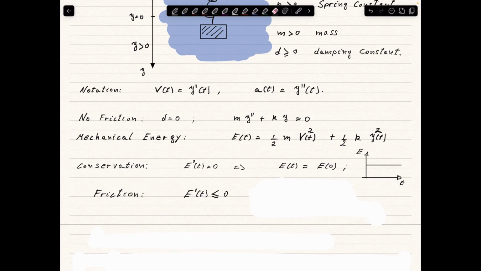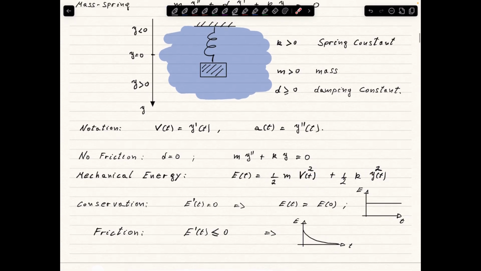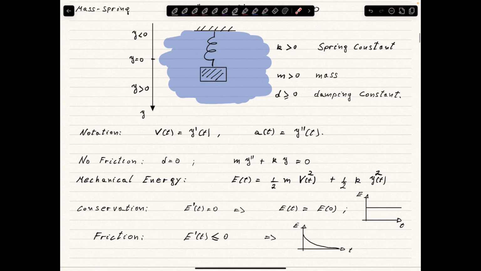And what happens is the derivative is actually negative, which means that the energy function is a decreasing function in time, and it's going to approach 0 when these two quantities are small. Because of the square, it cannot be negative. So if it's decreasing and cannot be negative, it has to approach 0. So this is a brief review of what we discussed in the previous video.